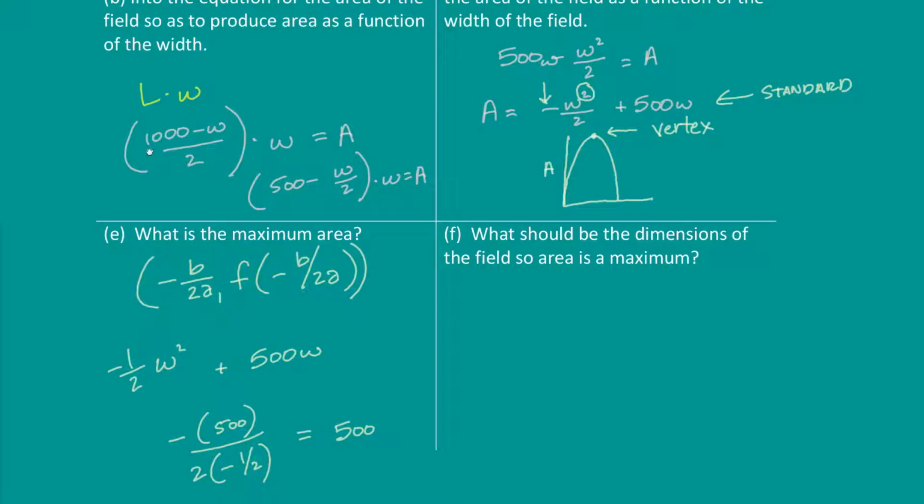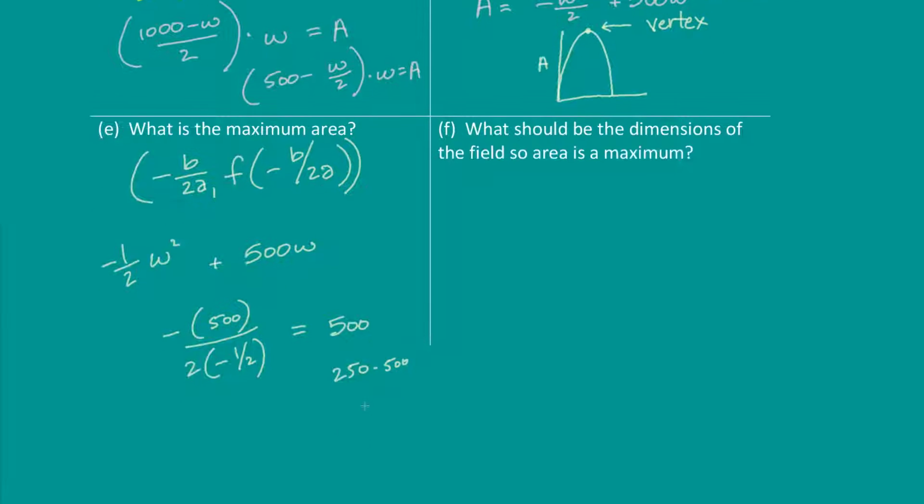So (1,000 minus w) over 2 times w, that would be 1,000 minus 500, which is 500, divided by 2 is 250. 250 times 500 would be our area.